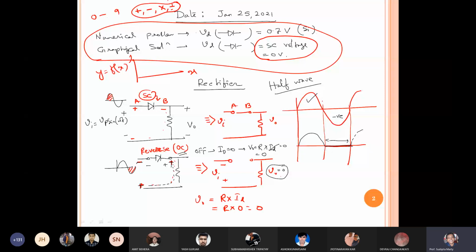For graphical solution, if I always calculate with 0.5, 0.1, my calculation will be complicated. That's why we do not use complicated solutions during graphical solution. For a simplified, approximate solution in graphical manner, we will always use 0 volt across the diode. Is it clear right now?